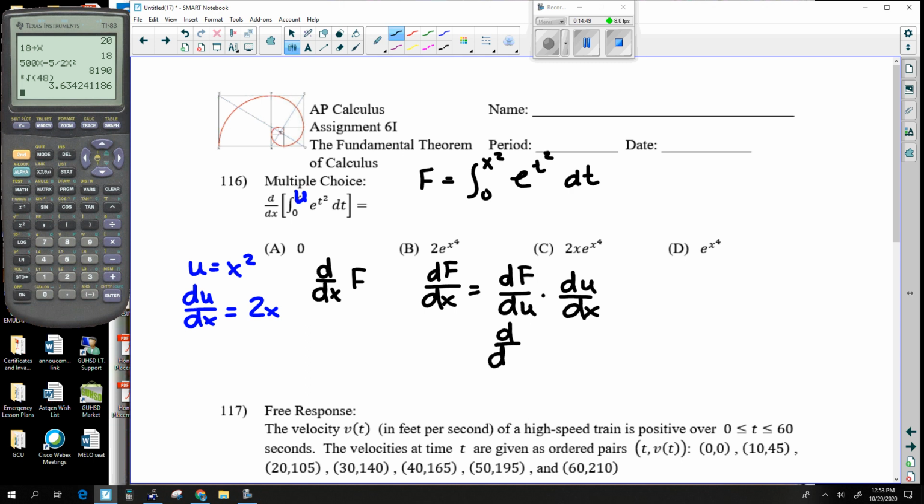This is the same thing as saying the derivative of f, that first portion. df du would be d du of f, which again is the integral from blah, blah, blah to u of e to the t squared dt, times du dx, which came out to be 2x.